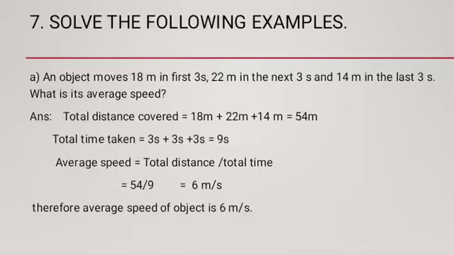The total distance is 18 plus 22 plus 14, which is 54 meter, and the total time is 3 plus 3 plus 3, which is 9 seconds. So average speed is 54 upon 9, which is 6 meter per second.